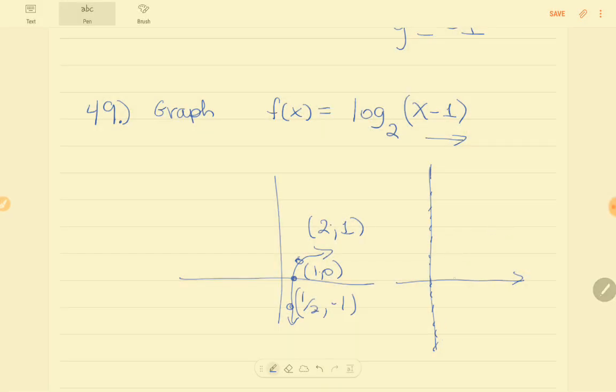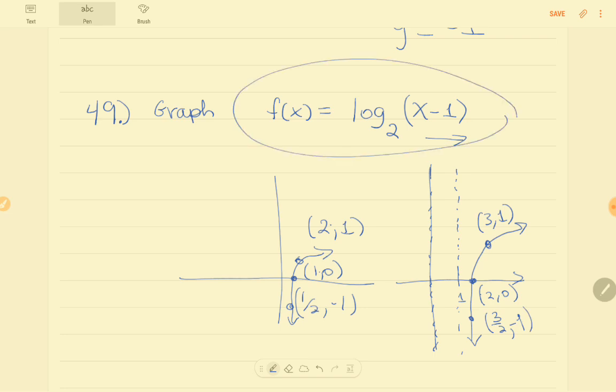So now my asymptote's going to go through x equals 1, and then I'm going to have this happening, and I'm going to have the point 3, 1, and now I'm going to have 2, 0, and what happens if you add 1 to 1/2? Then it becomes 3/2, right? And negative 1. And so let's test this out.